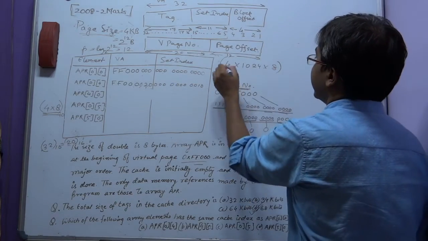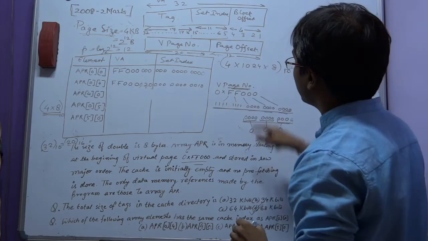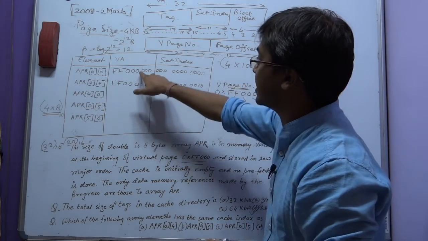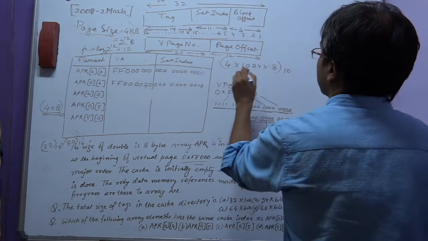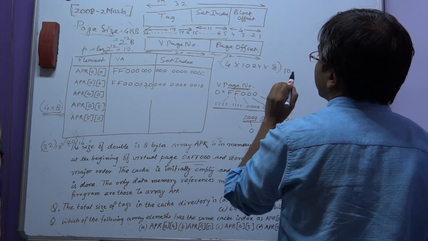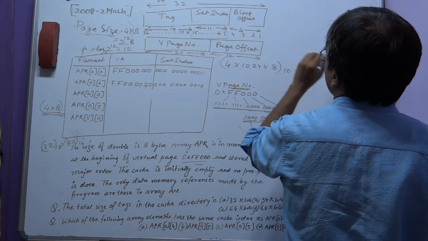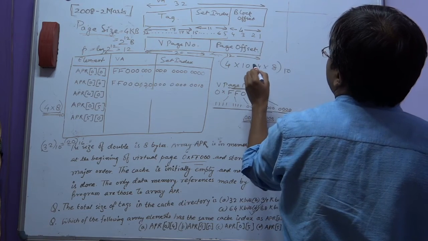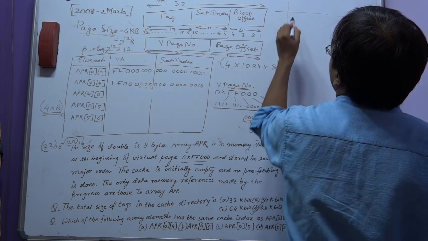So this is in decimal. Now we need to convert it into hexadecimal so that we can sum it up with this hexadecimal address. To convert this into hexadecimal, we would go for the division method by 16. To make it easy, we can actually write this in powers of 2.